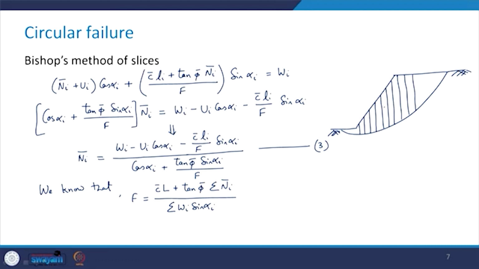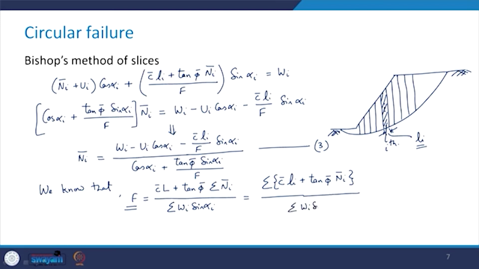I work out the force equilibrium equation for a particular slice, which is the ith slice, and if I integrate it all over this length, then I would be able to get the total factor of safety, and that is what we have done in this expression. This is going to be written as summation c bar Li plus tan phi bar Ni bar. So, this whole term will come inside this summation. Li is this dimension of the slice, which is the ith slice, divided by summation Wi sin alpha i.